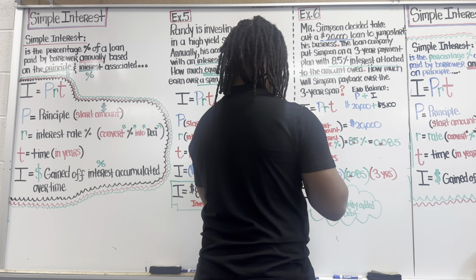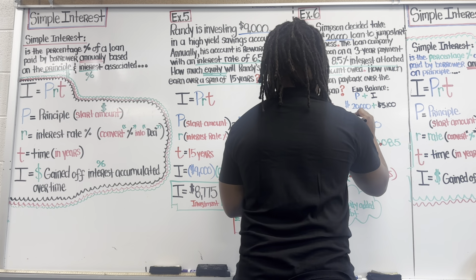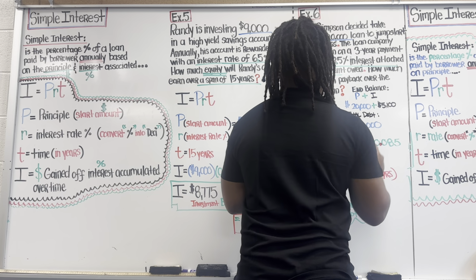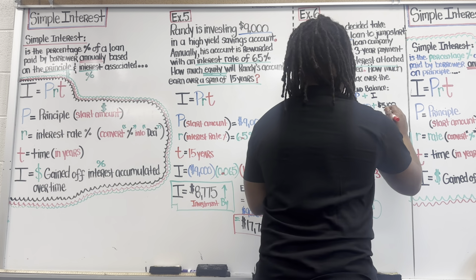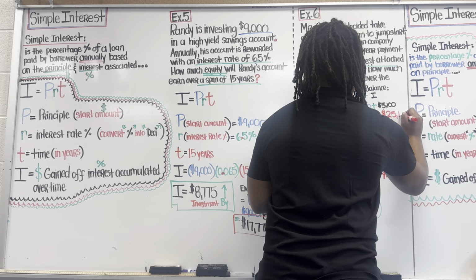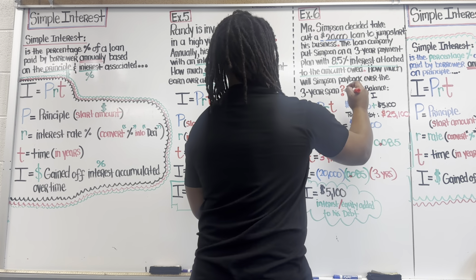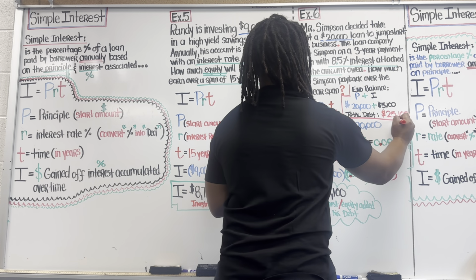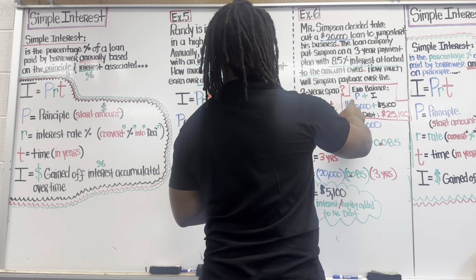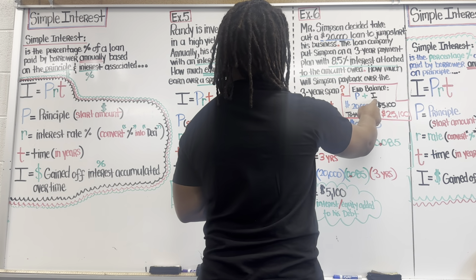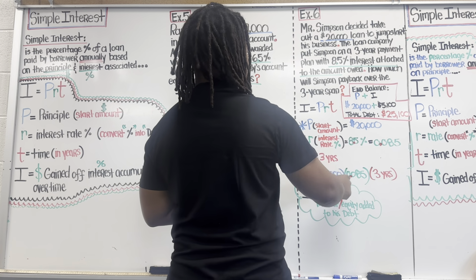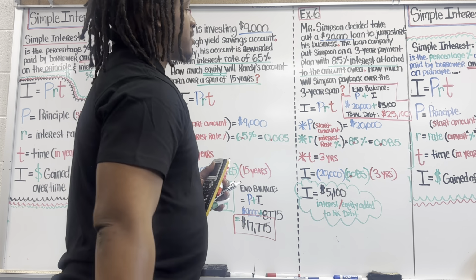So the total debt that he's going to pay over a span of 3 years is going to be $25,100. This right here is the balance. All I did was add the principal and the interest, or the equity that was added, which is the extra debt added to the principal, which gives us $25,100.